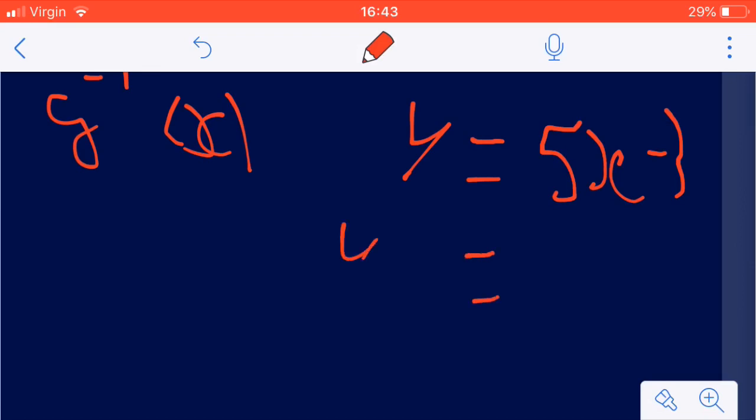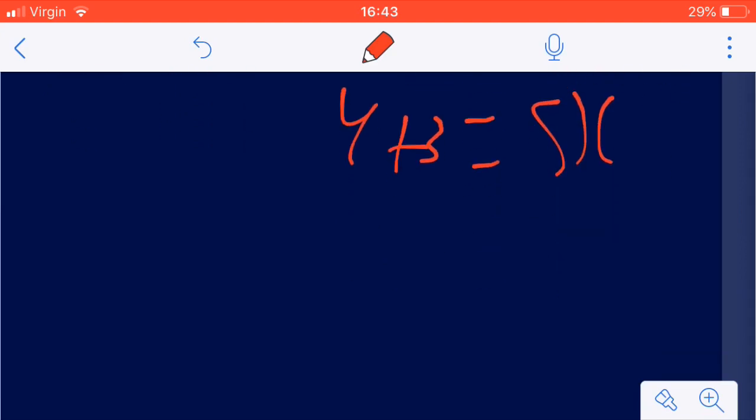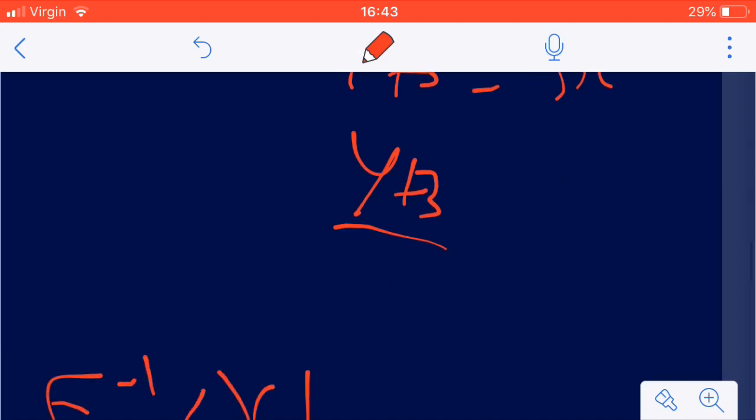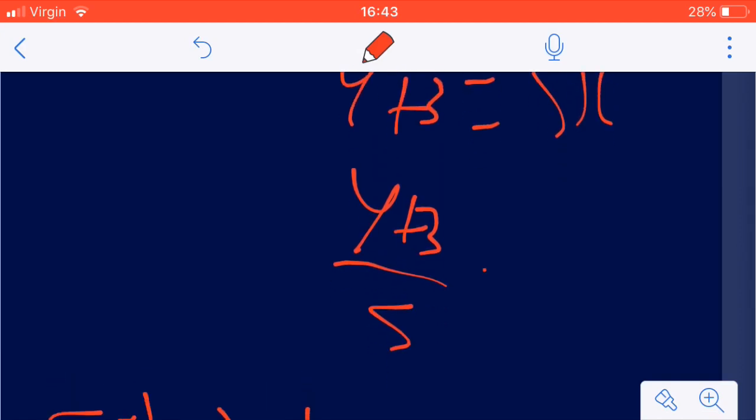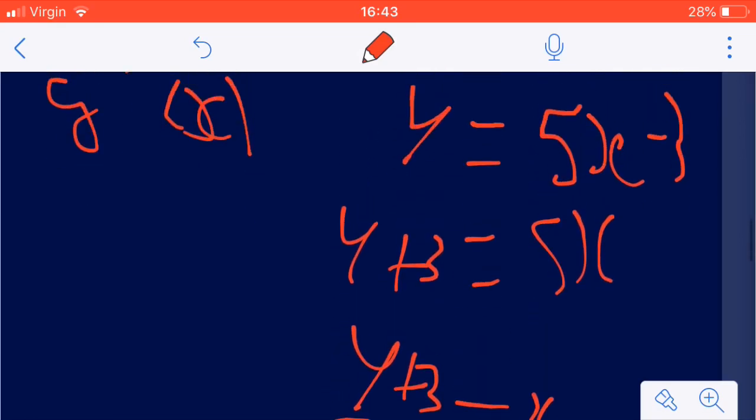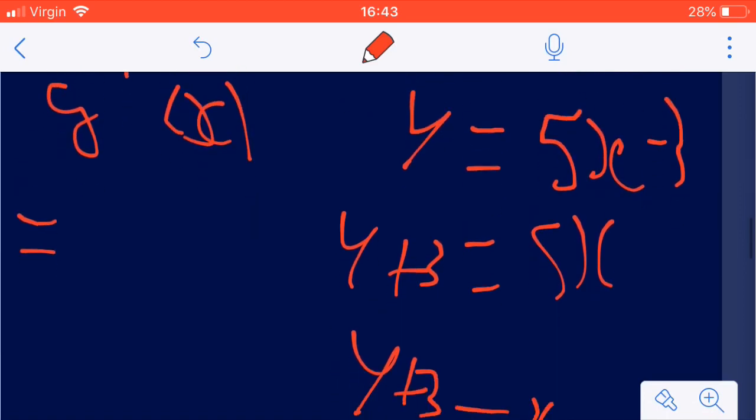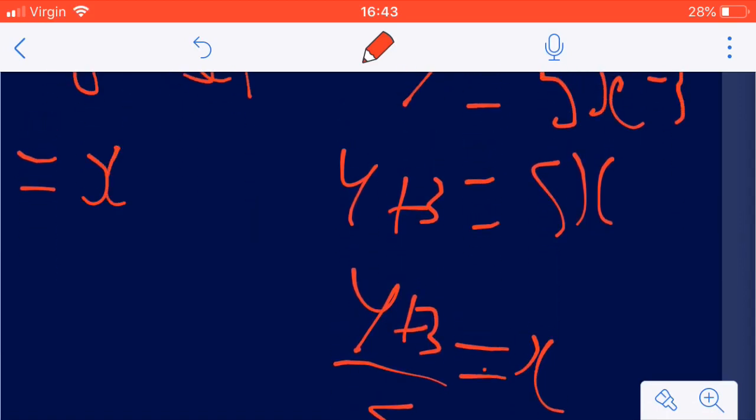And we want to rearrange for x as the subject, so add the 3, 5x, and then divide by 5, so y plus 3 divided by 5 equals x, which means that the inverse function is x plus 3, because we want everything in terms of x here, over 5.